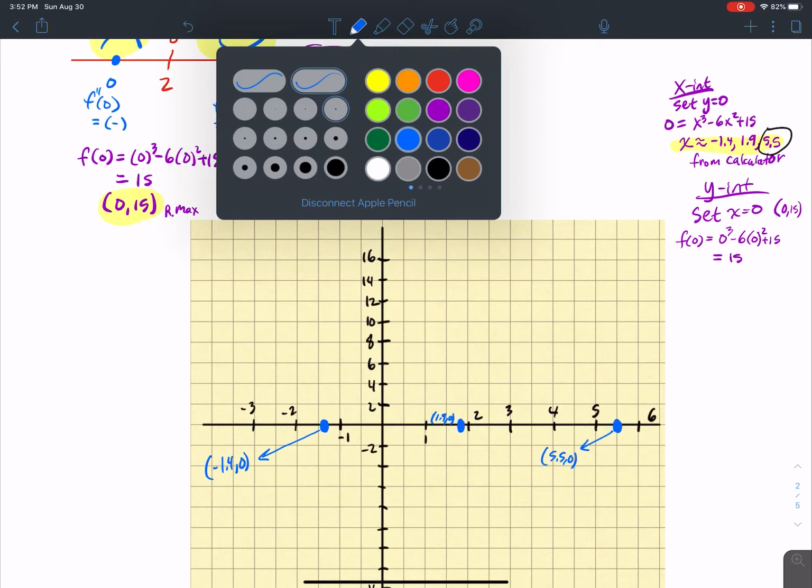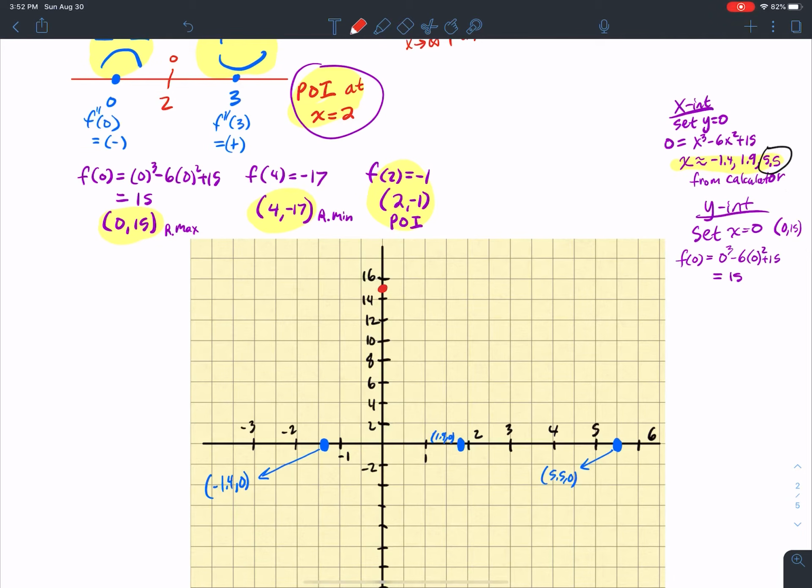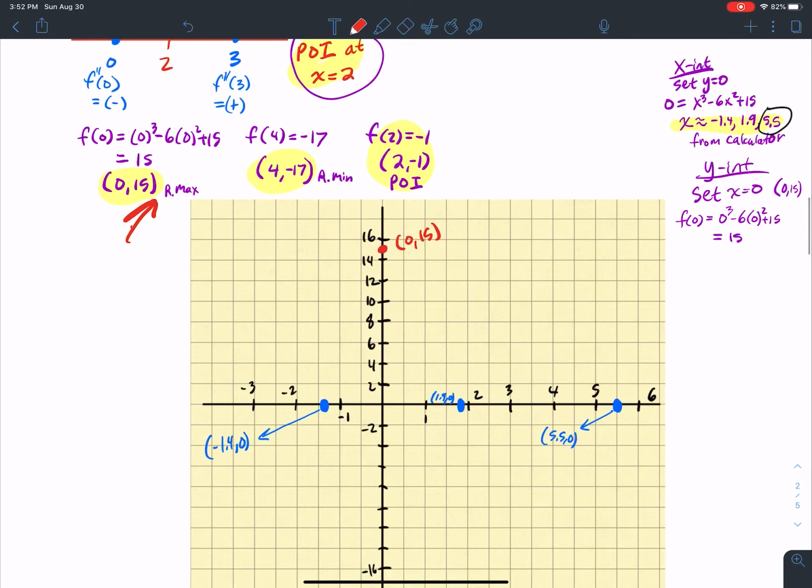I'm going to do a different color for y-intercepts. So for the y-intercept, we just have 1, it's a function, right? So this y-intercept is at 0, 15, here's 15. And it turns out that that's also the relative max there, so that's the highest we're going to be. Okay, so that's like a 2 for 1.